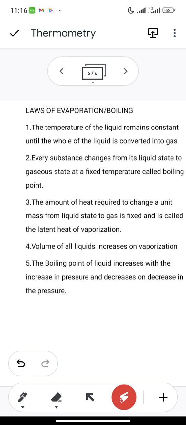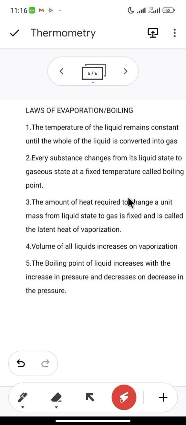Exactly what we said, that both the vapor and the water will have the same temperature. Secondly, every substance changes from its liquid state to gaseous state at a fixed temperature called boiling point. Once the boiling point of a substance is reached, it begins to convert from liquid to gaseous state.